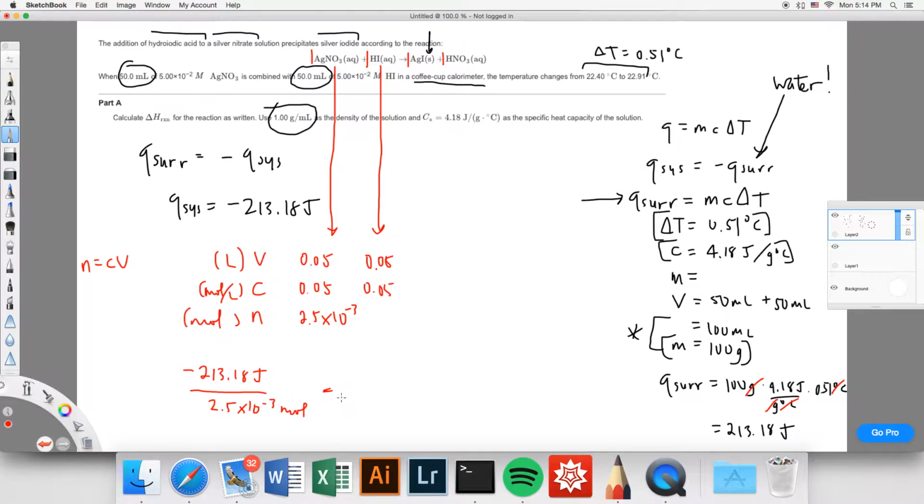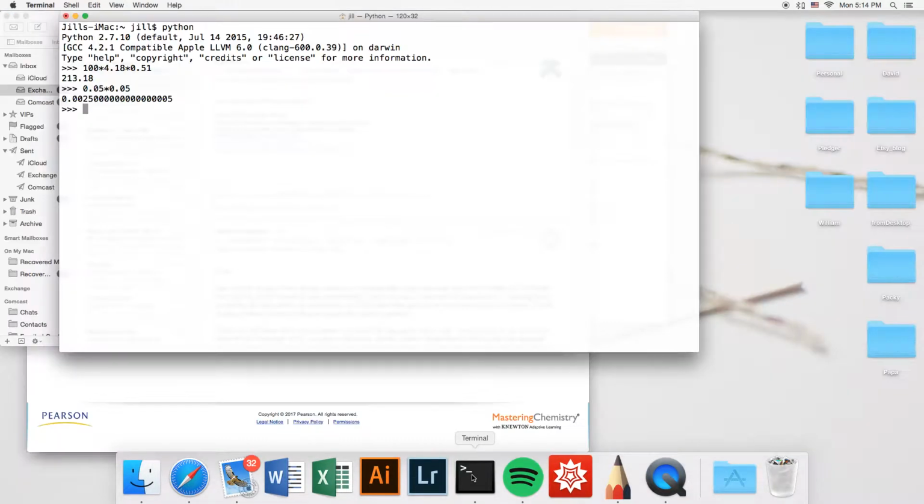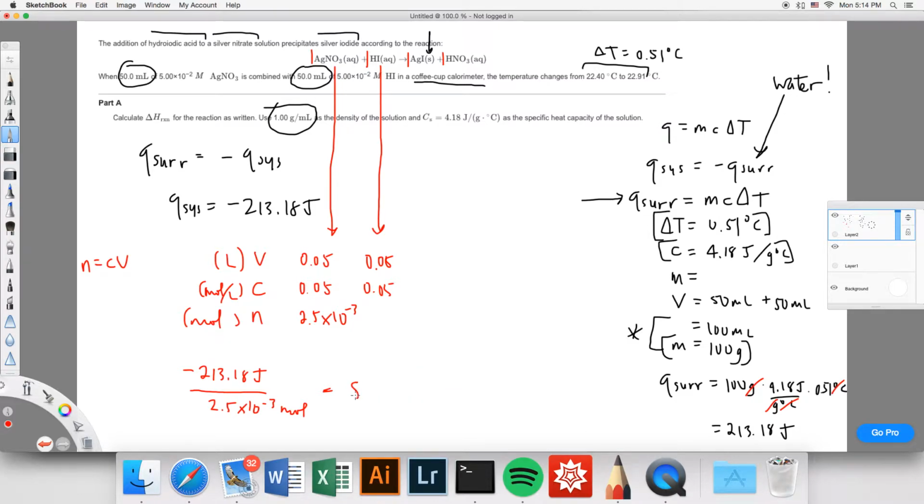Okay, so we divide this out, and we find that this is 213.18 divided by 2.5 times 10 to the minus 3, which is 85272 joules per mole, which to 2 sig figs, I think the question was, write this out to 2 sig figs, is 85 kilojoules per mole.